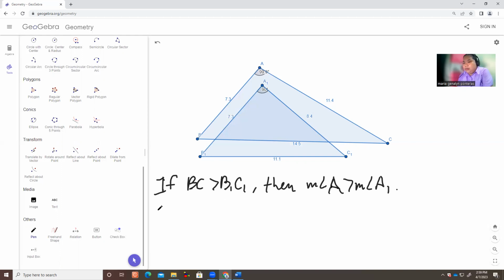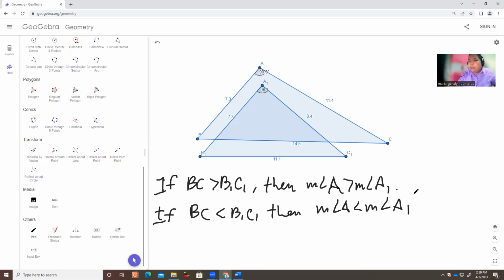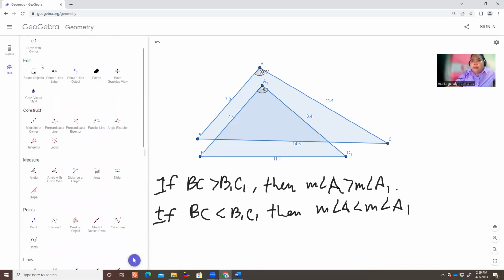So, second scenario, if BC, kung naisip natin gawin siyang less than, then the measurement of angle A will be lesser than the measurement of angle A sub 1. So, gawin natin yung second condition.